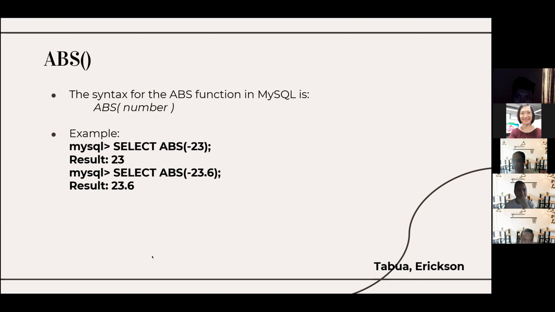For example, MySQL SELECT ABS(-23), and the result is 23. Another example is MySQL SELECT ABS(-23.6), and the result is also 23.6.